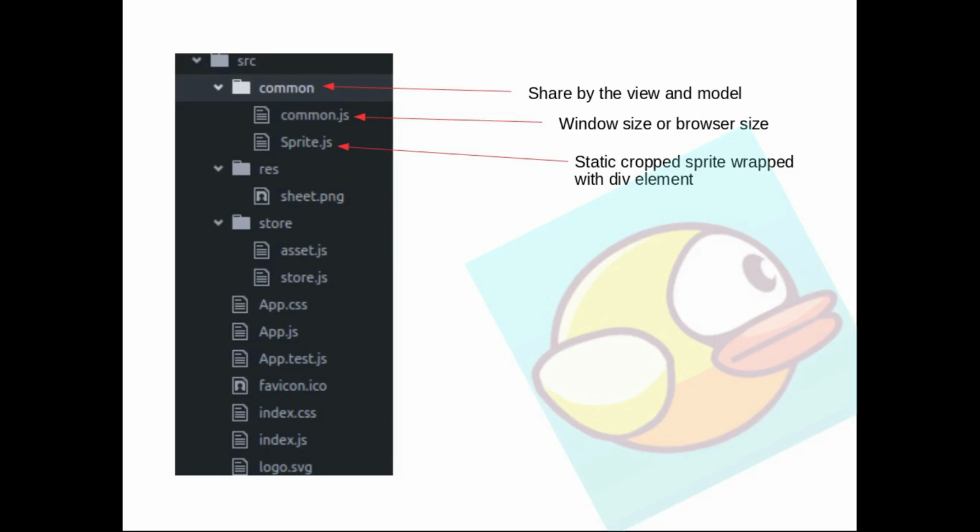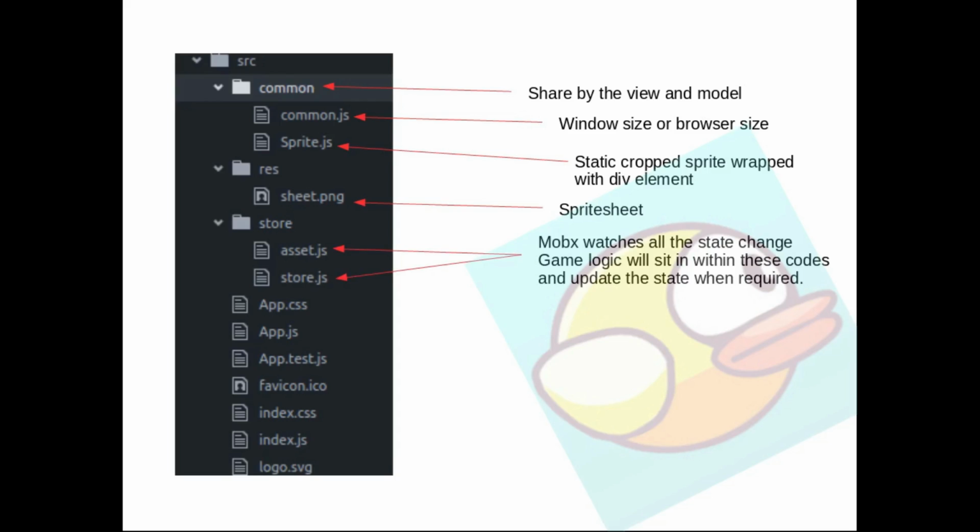And then the sprite.js is where we have our static crop sprite, mainly because we have a big sprite sheet where, when the user requests on the server, you essentially want it to download just one big file which consists of all your sprites, and then your sprite.js will be the one handling all the cropping and create static div elements which will be rendered on your canvas in a later part.